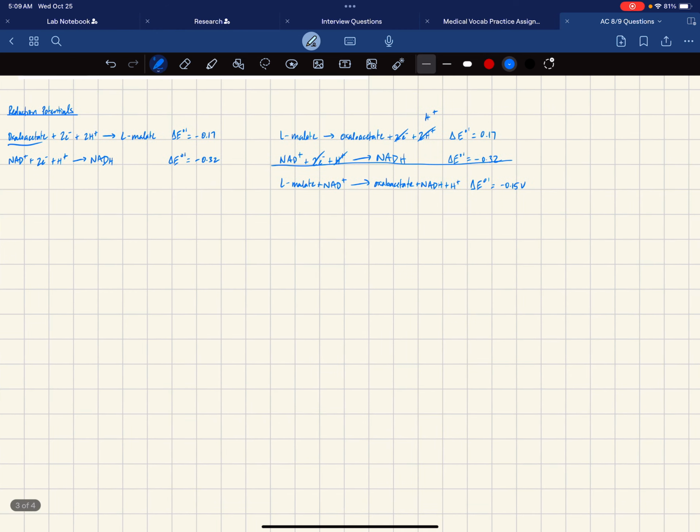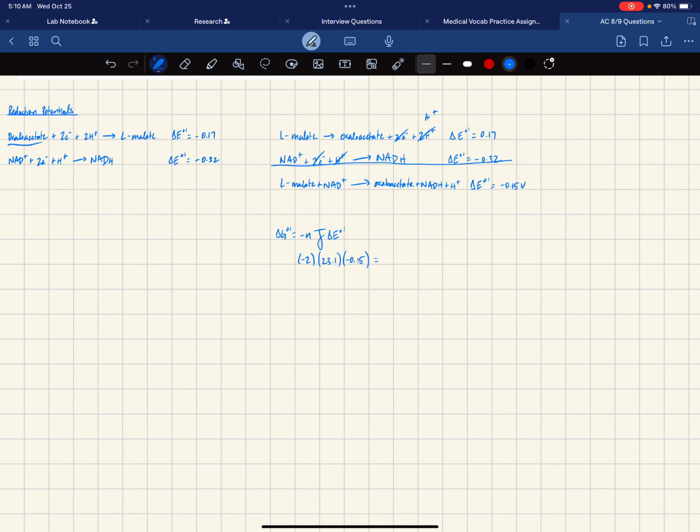And that negative 0.15 volts we can plug into our equation. Delta G naught prime is equal to negative N times Faraday's constant times the delta E naught prime. And so we do that, and there are two electrons being exchanged in this reaction, so negative N is negative 2, Faraday's constant 23.1, and then my delta E naught prime that I just solved for is negative 0.15.